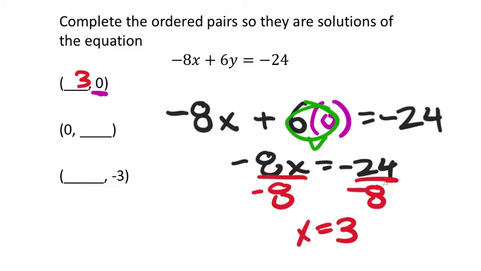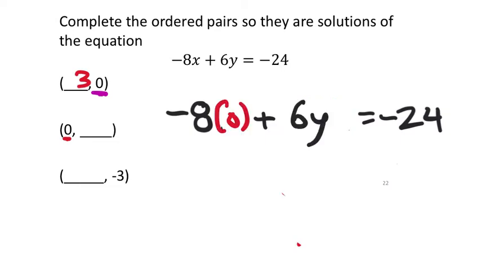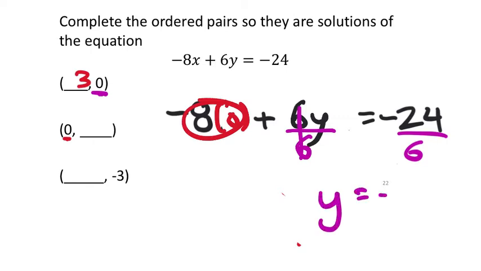This will work. Okay, so let's go back and replace now for the second ordered pair x with 0. All right, so x now is 0, and that's just going to 0 this one out. So 6y equals negative 24. Just to save me a little space here, divide both sides by 6. Y equals negative 4. So 0, negative 4 would be this point here.